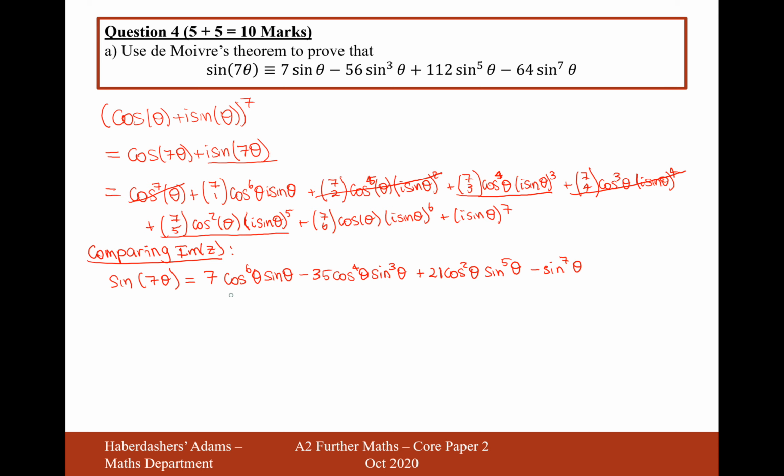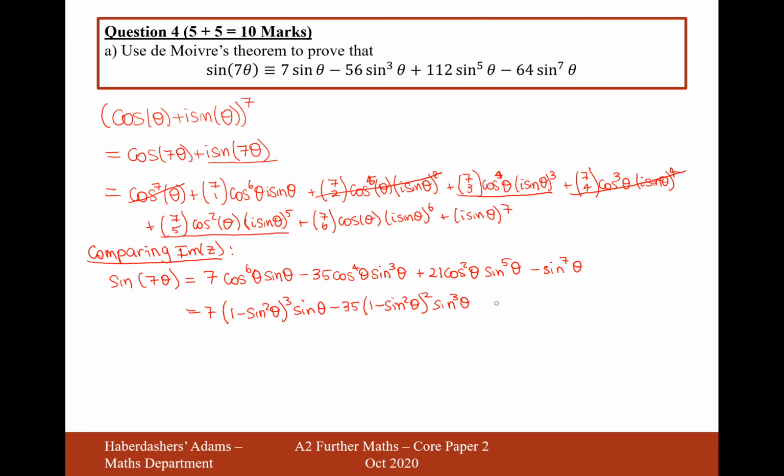Right, okay, so now we need to turn these cosines into sines. So it's going to be 7 (1 minus sin squared theta) cubed sin theta, and then minus 35 (1 minus sin squared theta) squared times sin cubed theta.